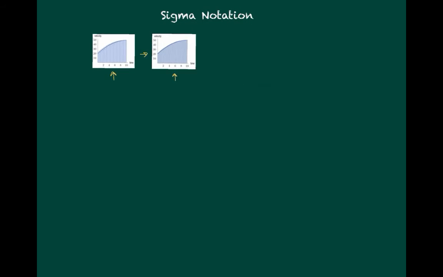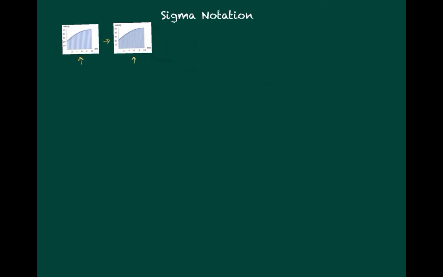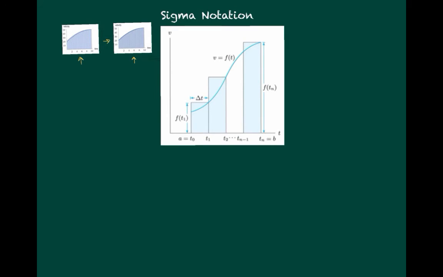So let's take a closer look at a sum written in sigma notation. Let's start with this right-hand sum above. As you can see, each rectangle has a base that is delta t.